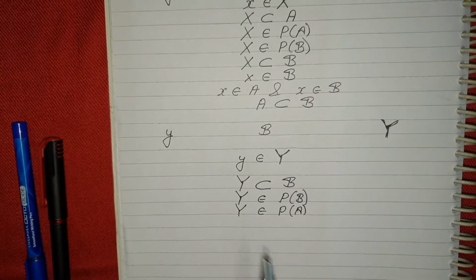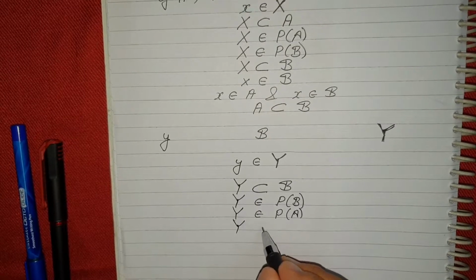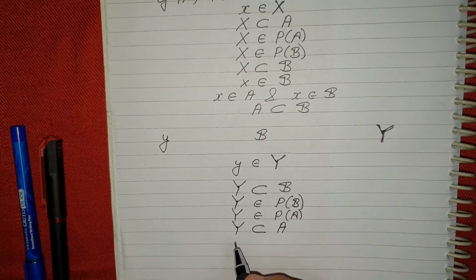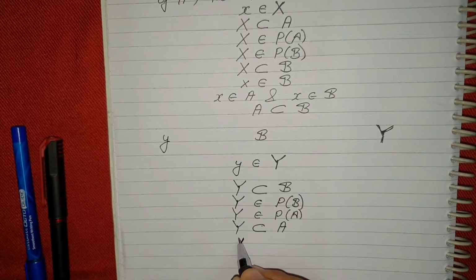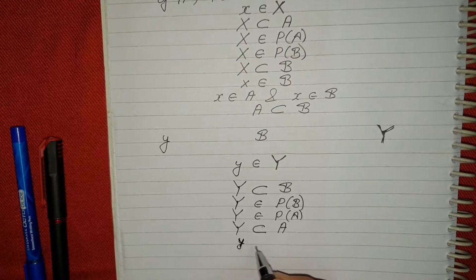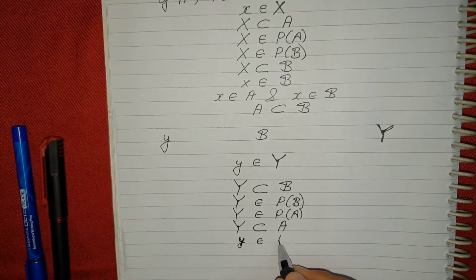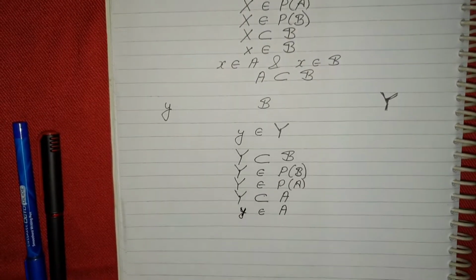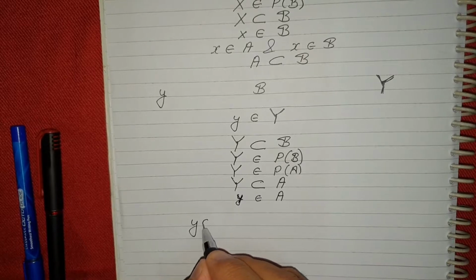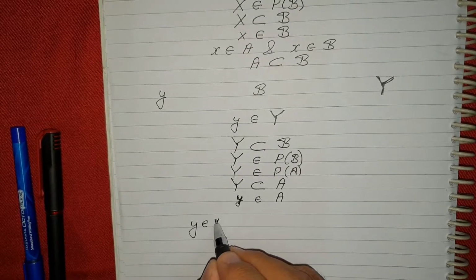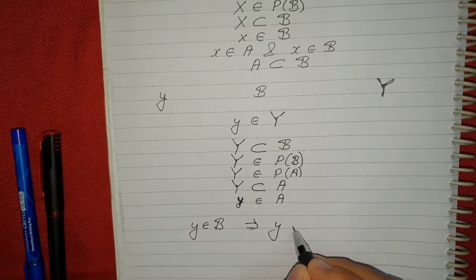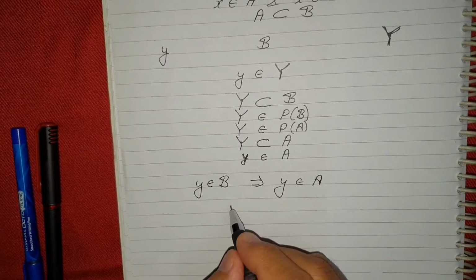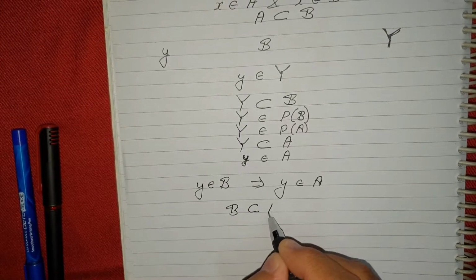That means Y is the subset of A. That means now small y, you can write it like this, belongs to A. So here y belongs to B. This implies y belongs to A. Hence B is the subset of A.